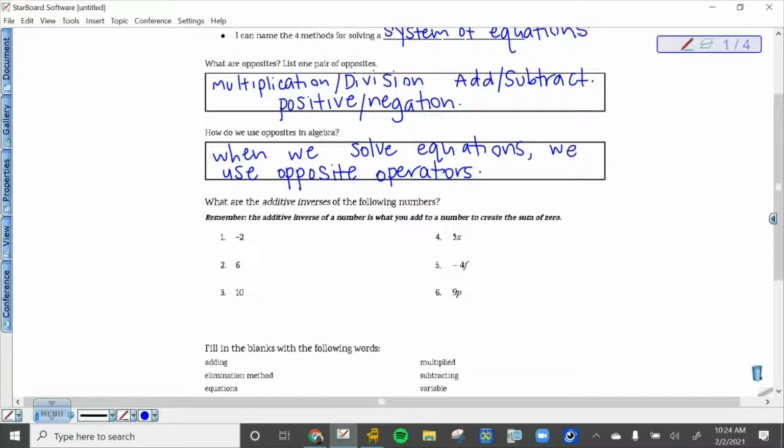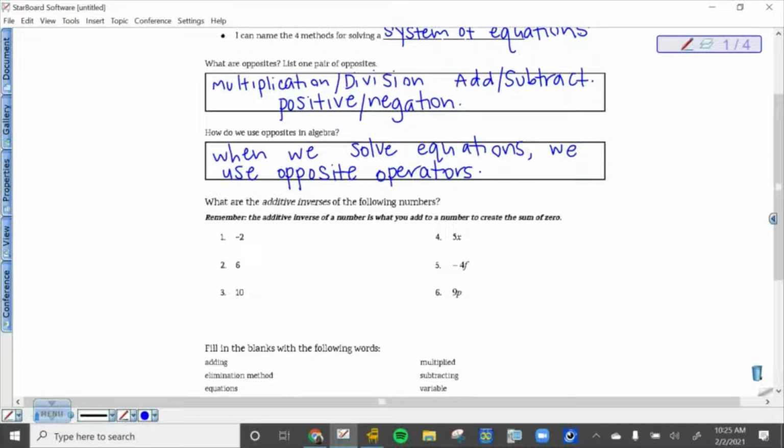All right, and still kind of on the same topic, I want you to write down the additive inverses of these numbers. So I reminded quite a few of you, additive inverses are just going to be like the same number, but the opposite sign. So if something is positive, the additive inverse would be negative. And when we add 2 numbers together who are additive inverses, their sum is always going to be 0. 3 plus negative 3, 0.